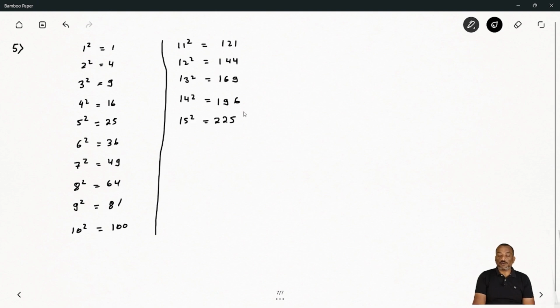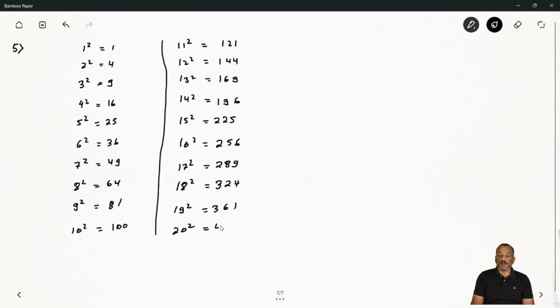Now next, 16 square is equal to 256. 17 square is equal to 289, 18 square is equal to 324, and 19 square is equal to 361, and 20 square is equal to 400.